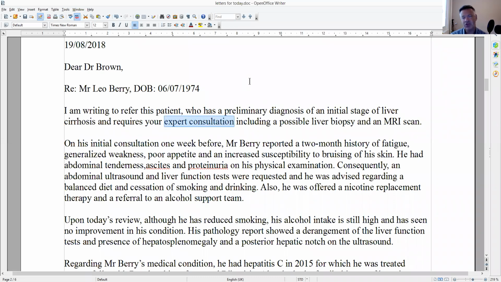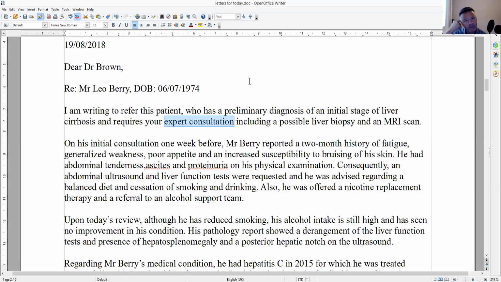Well, I would imagine that we can presume or assume that he's an expert, so we don't really need this. We don't really need to say expert's consultation. We don't actually need that. So I am writing to request your assessment and your consultation. So who's consulting?